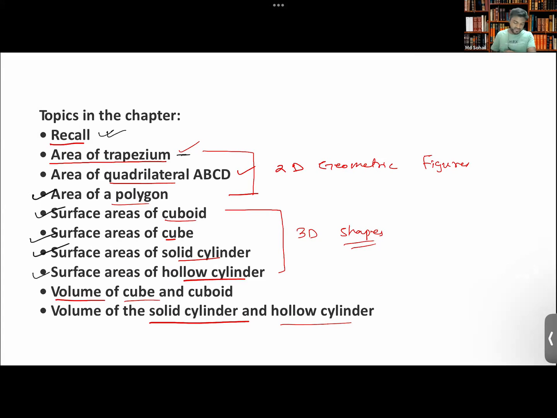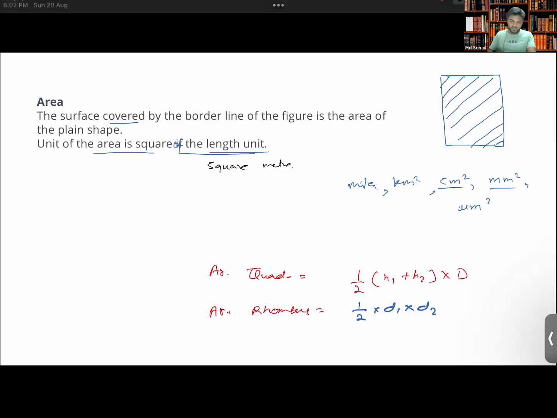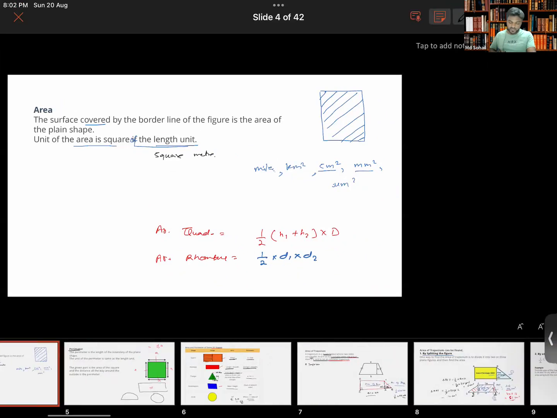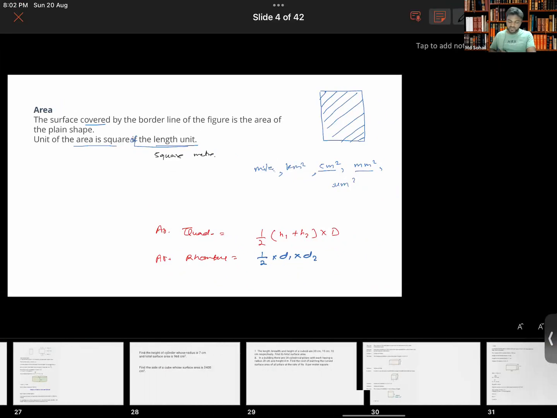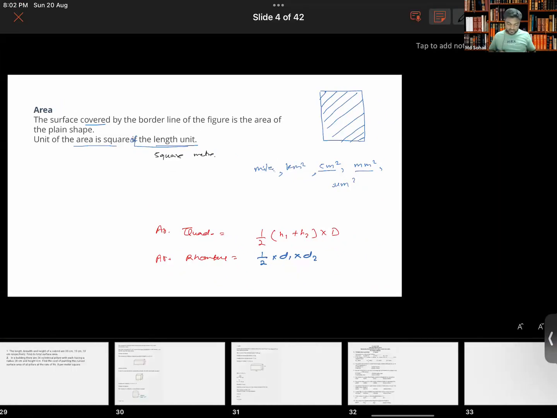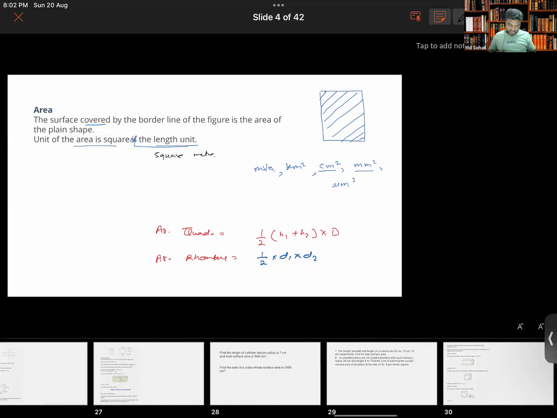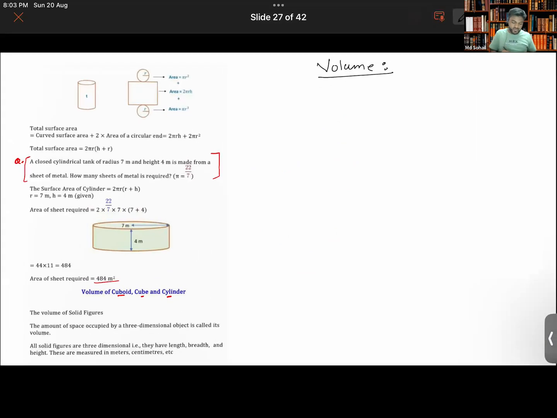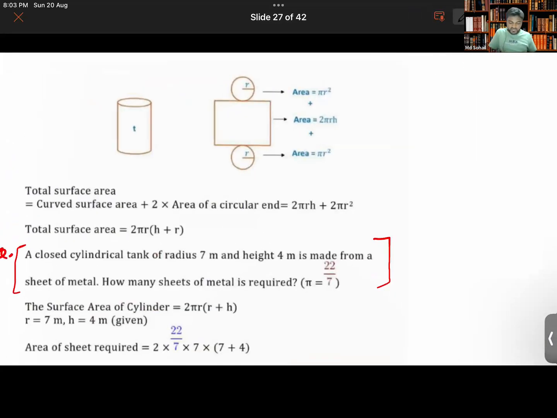We have discussed up till here. Now let's complete the last remaining concepts as well. For hollow cylinder, what is the formula? Look here. You basically exclude the two circles while calculating the total surface area.